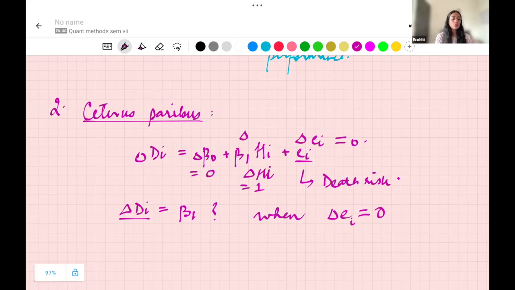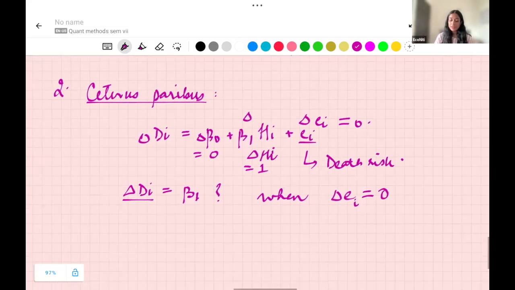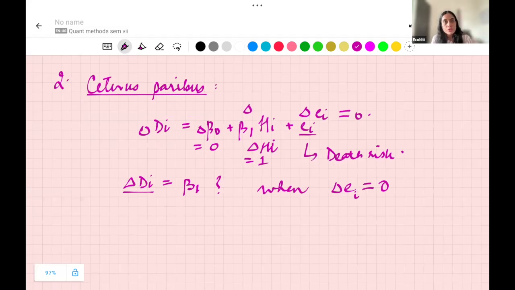which means that, what does delta E i being 0 mean? It means that when you switch from HI 0 to HI 1, when you switch from no hospitalization to hospitalization, nothing in the error term changes. These people don't have a higher morbidity risk.